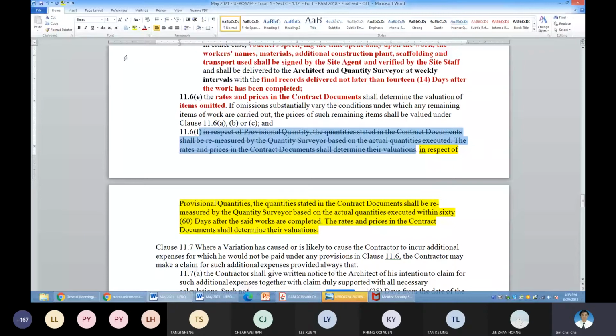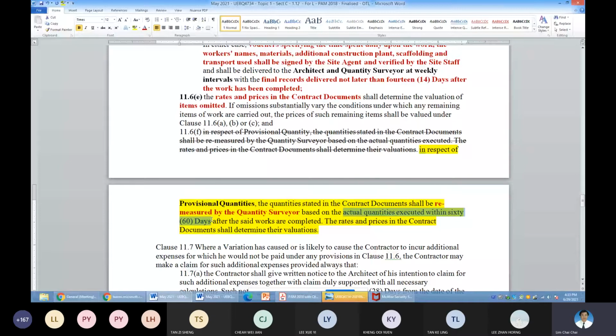In respect of provisional quantity, that means the remeasured quantity, it has to be remeasured by the QS. It's the QS's duty to remeasure the actual quantity executed within 60 days after the work is completed. So the QS must get it done.